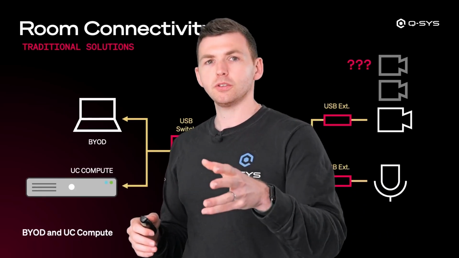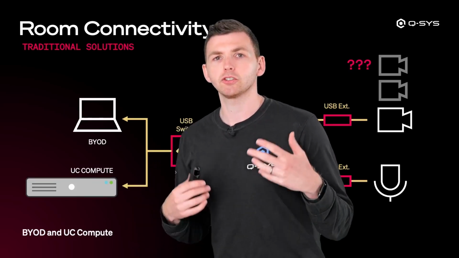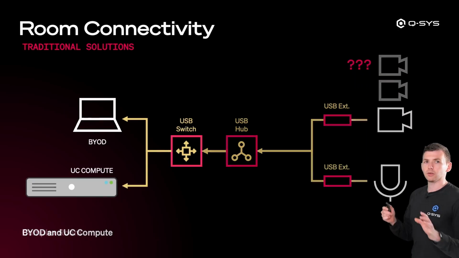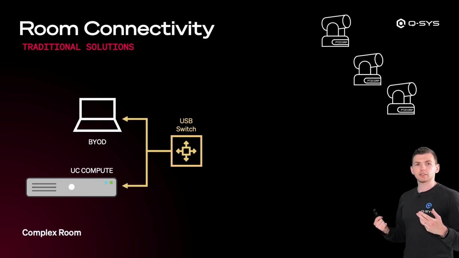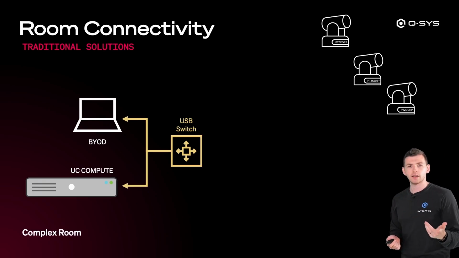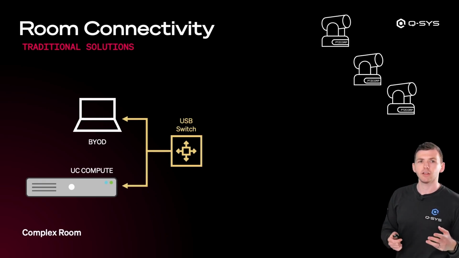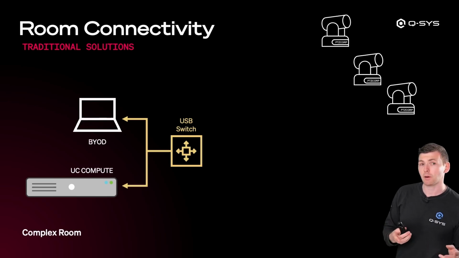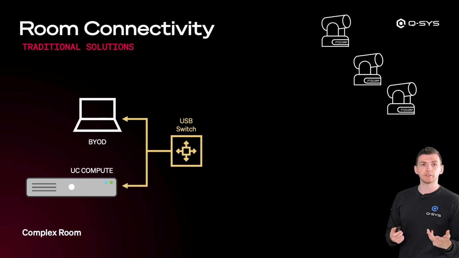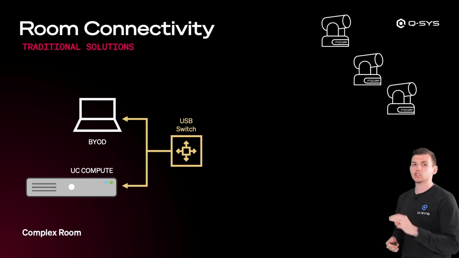But before I show you the Q-SYS solution, let's again look at the kind of traditional approach to fixing something like this. So we're going to have here some PTZ cameras, and let's say that these aren't network cameras. We're probably going to have 3 connections to this: a control connection, a power connection, and a video connection. And these are HDMI cameras.